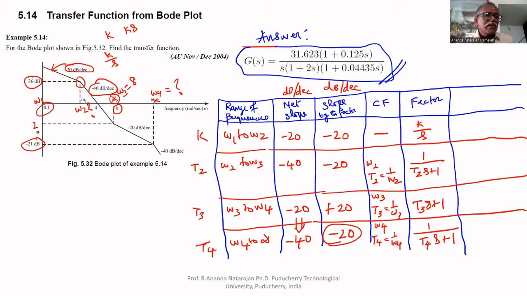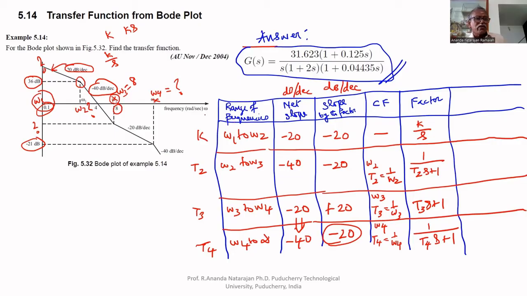How do we find K? At omega 1, we know the frequency, but we do not know the magnitude. That's why it is not possible to find K at 0.1.